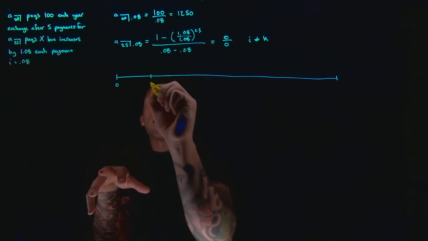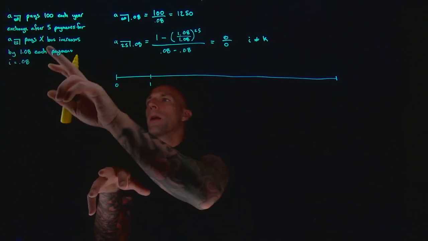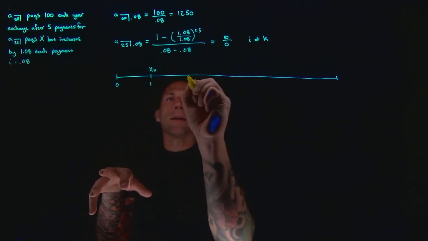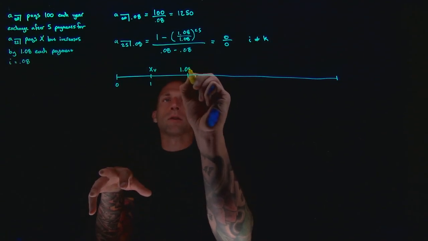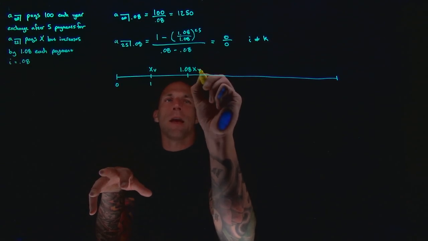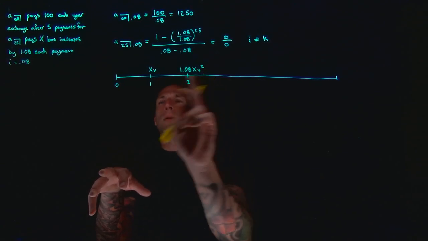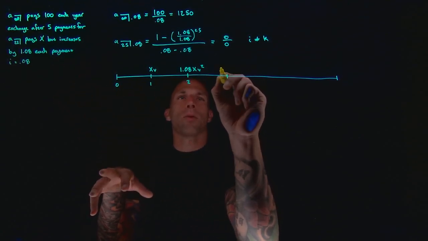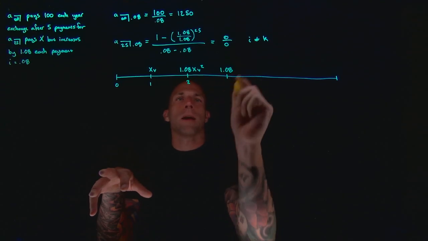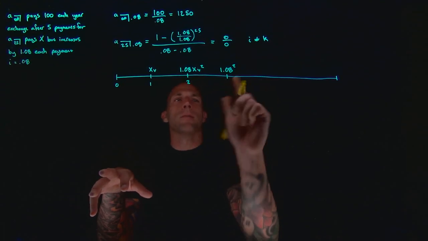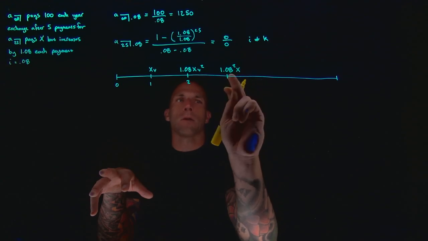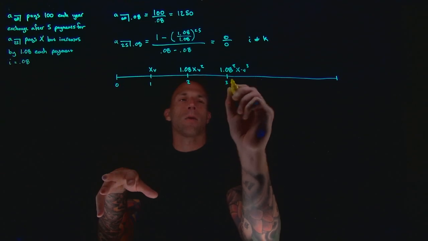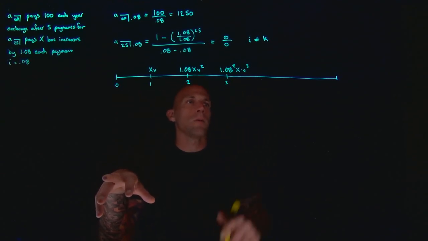So at time 1, we're going to pay X, but we want the present value of that payment. At time 2, we're going to increase the payment by 8%, and then we're going to discount that payment back 2 years, because we want the present value of the annuity. Time 3, we will have increased the amount of the payment by a factor of 8% twice, but then we'll discount that back 3 years to get to the present value.